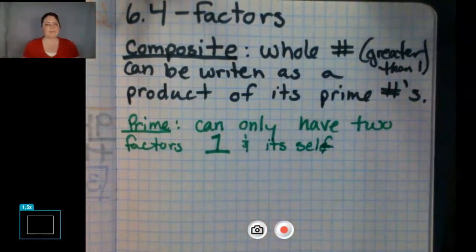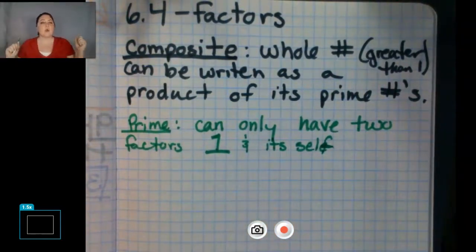I'm going to put an E at the end, selfie. So prime can only have two factors, 1 and itself, and it has to be greater than 1. So 1 is technically a weird one.